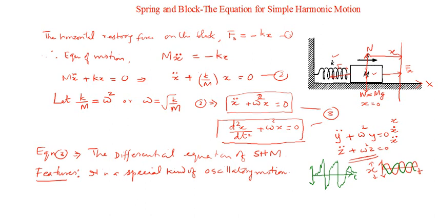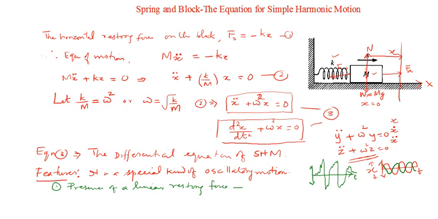What are the other features? What are the requirements for an oscillatory motion to turn into an SHM? So the important feature is that there should be a linear restoring force. Okay, so the first feature is the presence of a linear restoring force. Presence of a linear restoring force is a must.